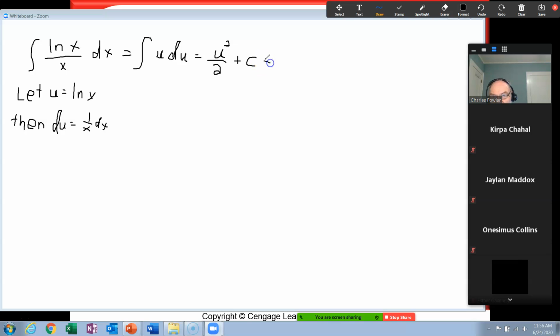Now we go back and figure out what the u is. It's log x. So this will be, let me put the 1/2 in front. That's an ugly 1 on top. Let me see if I can clean that up a little bit. Well, now the eraser doesn't seem to want to erase. Okay, I'll put the 1/2 there, and then in parentheses do my log x. Now this one you don't have to put in absolute value bars, because in your problem it wasn't absolute value bars.